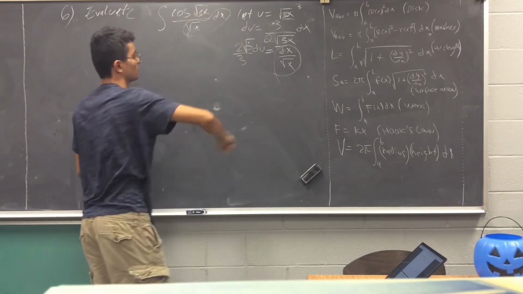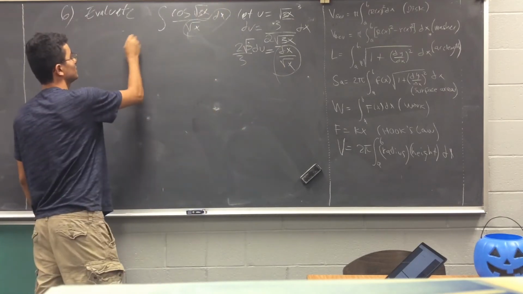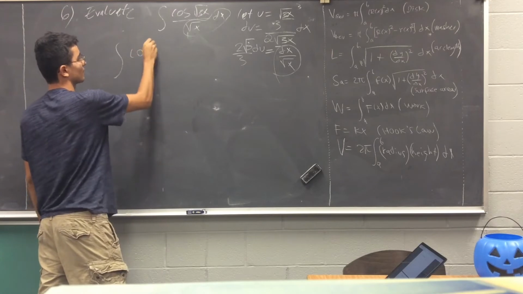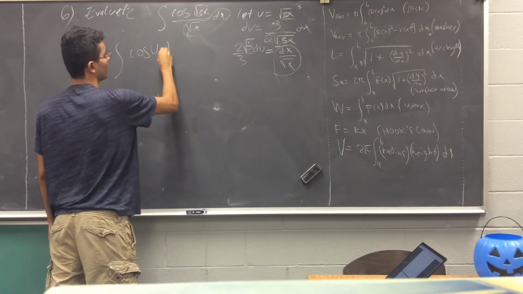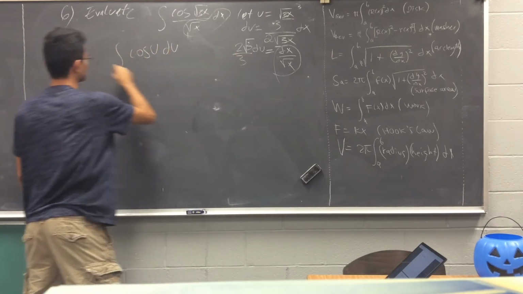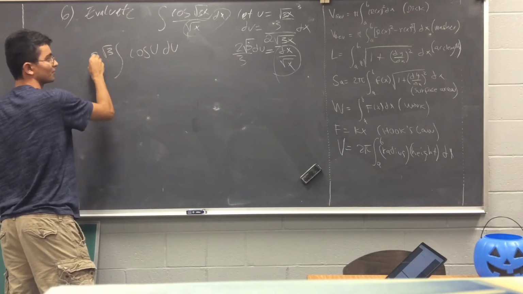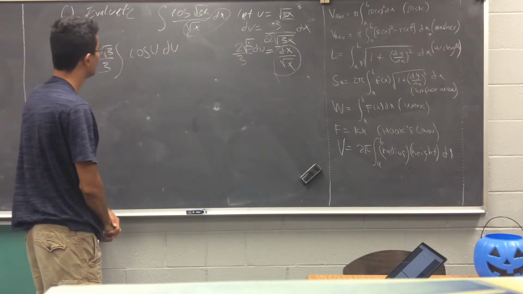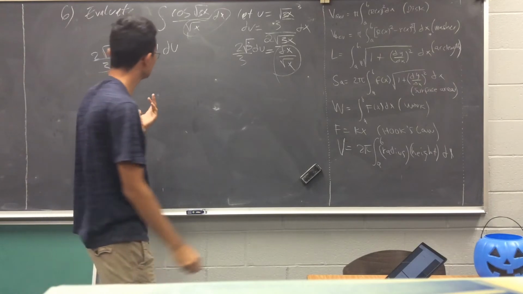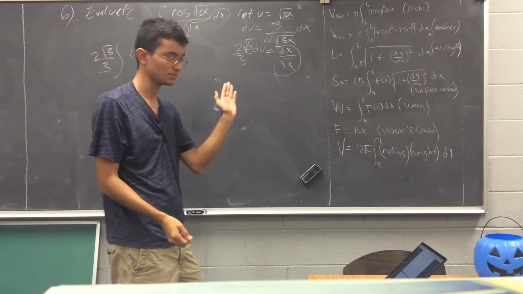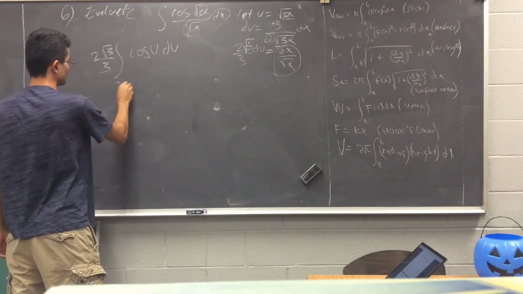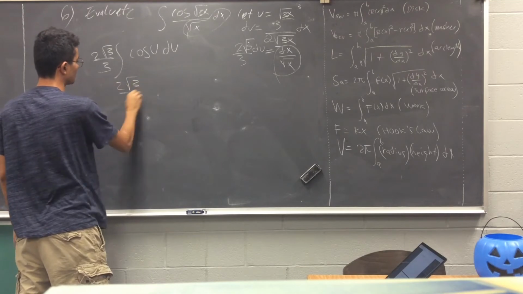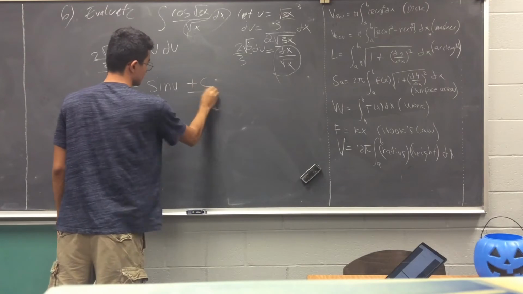Okay, so let's substitute. The integral of cosine of u du, times 2 root 3 over 3. The integral of cosine of u du is going to be sine. So it's going to be 2 radical 3 over 3 sine of u plus c. Don't forget your c, that's very important.